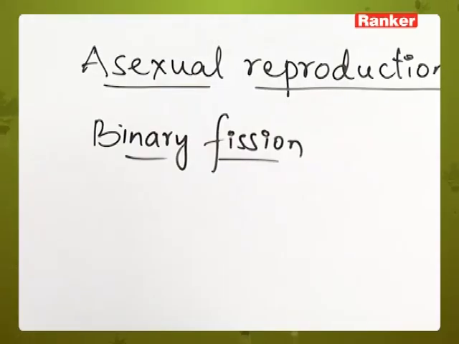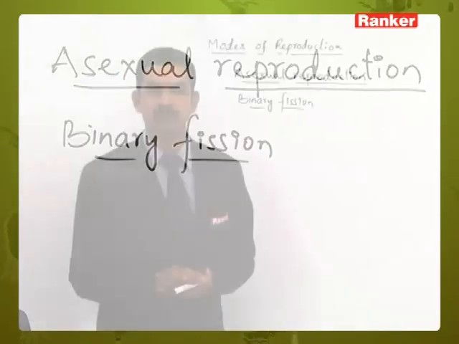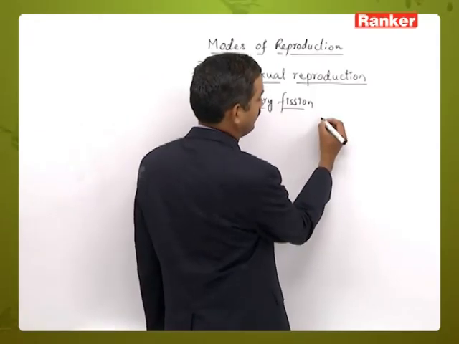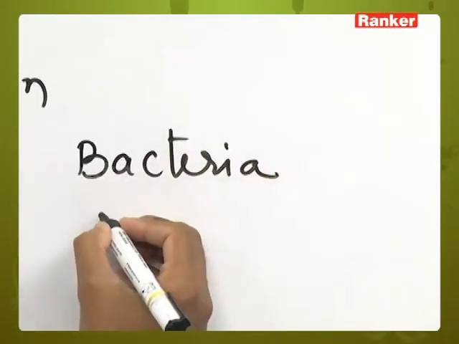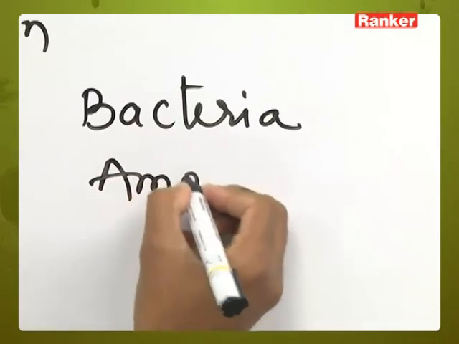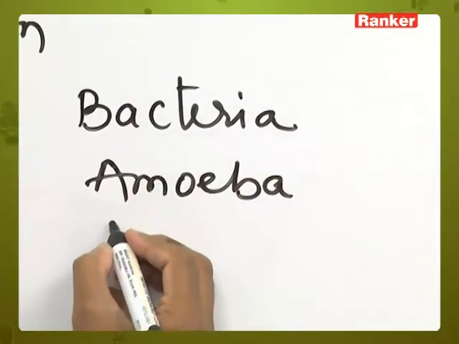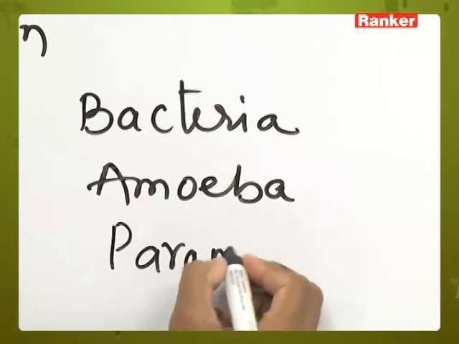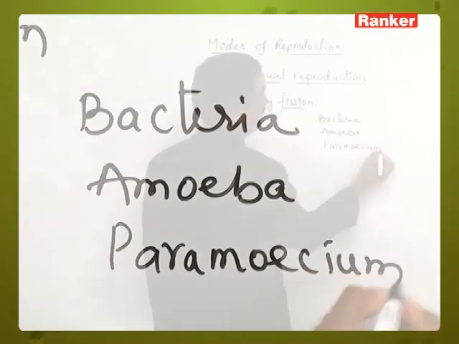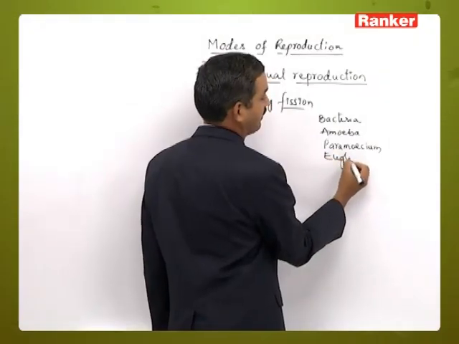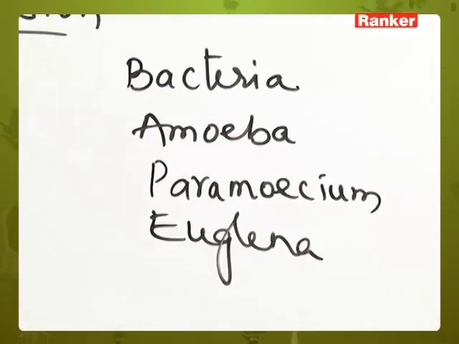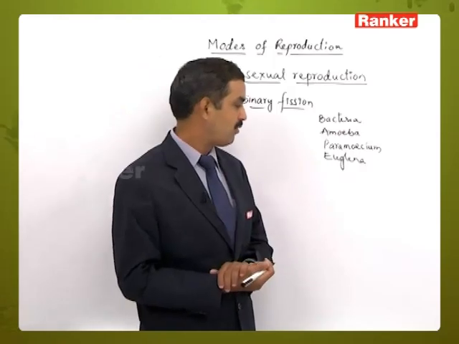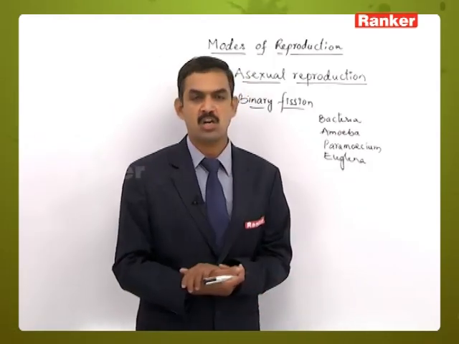This type of binary fission is most commonly observed in bacteria, amoeba, paramecium, euglena like organisms. And one more thing, all of them are unicellular organisms.